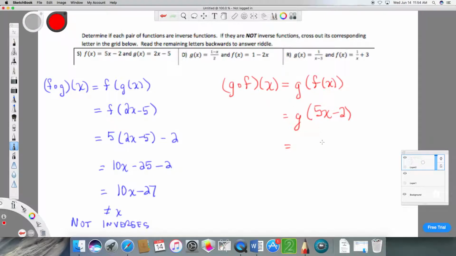G always creates a subtraction problem where it's 2 times the input, no matter what that input is, and then minus 5. So we distribute the 2, and we get 10x minus 9. But since that's not equal to x, we can say that these are not inverses of each other.